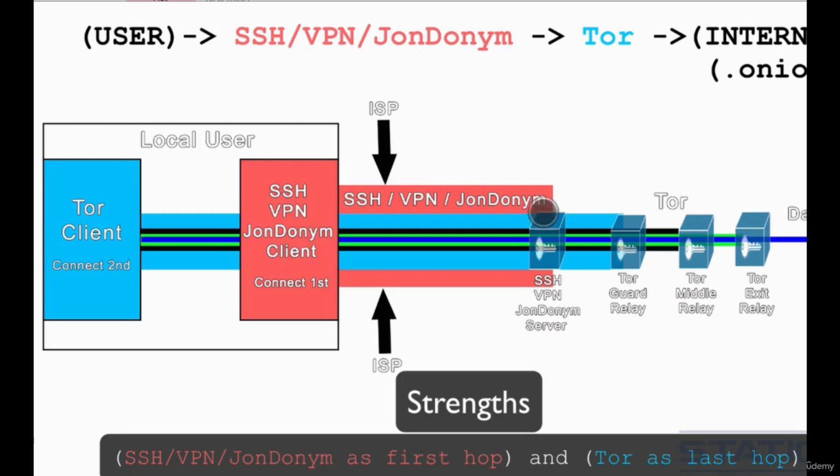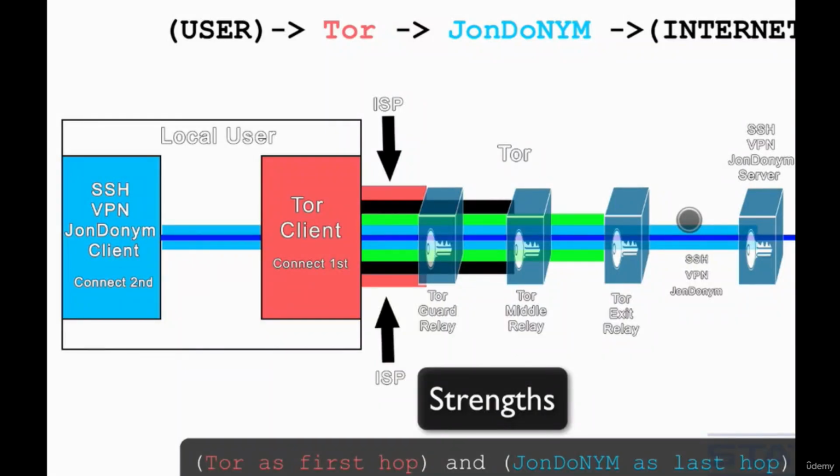There are some other options without a single hop, second hop, or last hop. Between them, there are also some other options using an ISP. In this process the user goes to TLS by the use of VPN, SSH, or Jondonym, and finally Tor, then internet.onion, with VPN as first hop here and Tor as last hop.